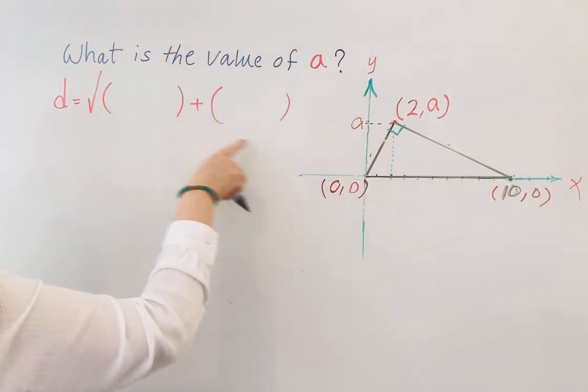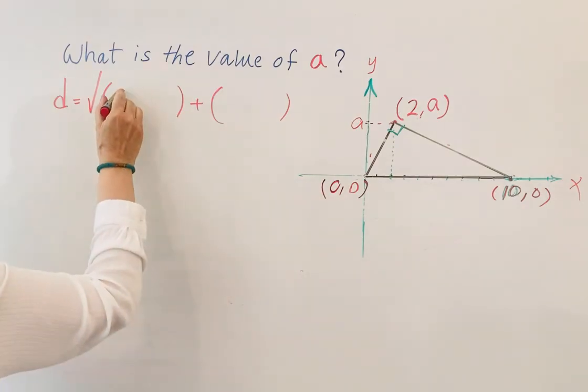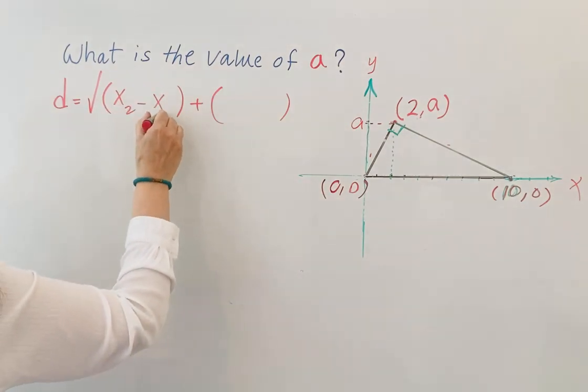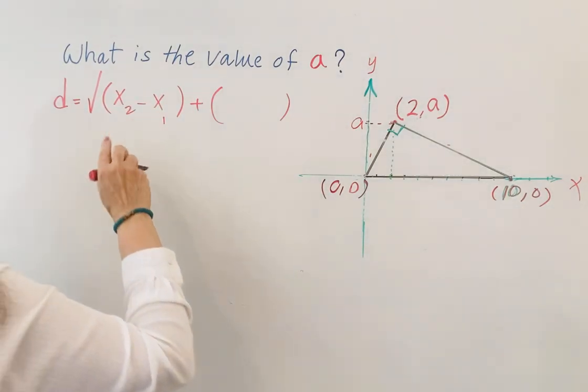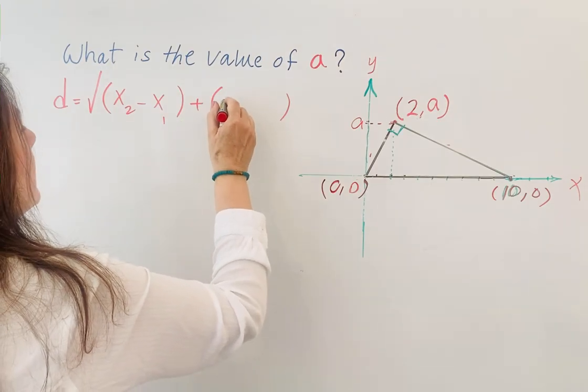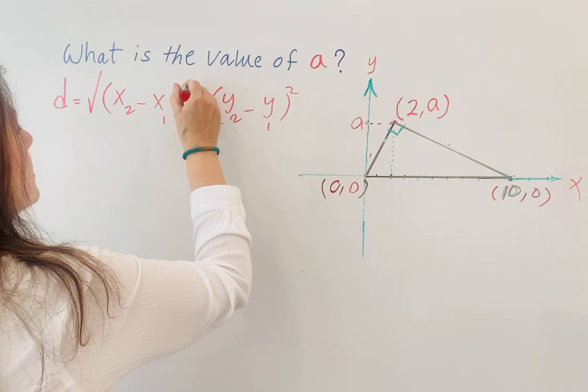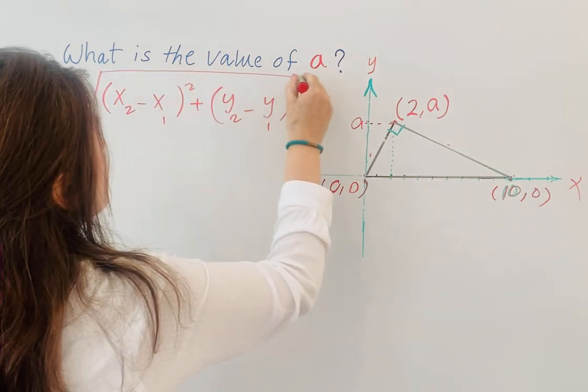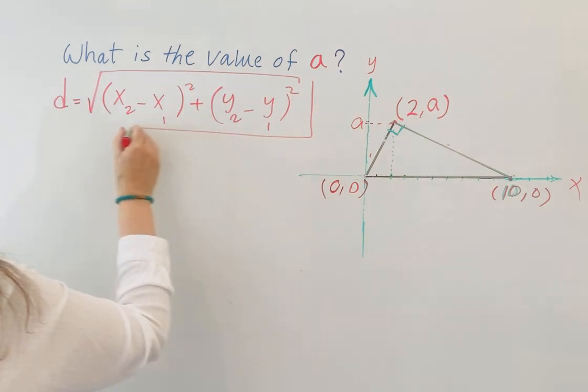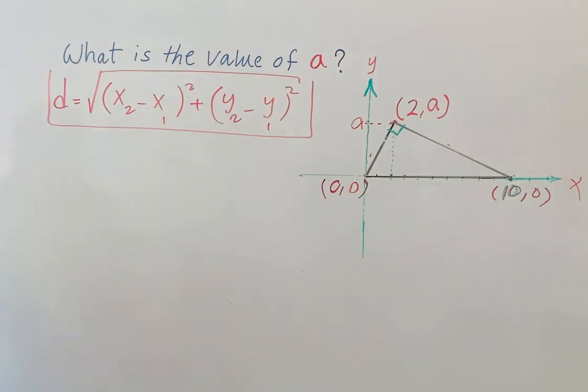the differences of the 2 points' x's, and it doesn't matter which one is x2 and which one is x1, squared, plus y2 minus y1 squared. This is the formula for the distance of 2 points.